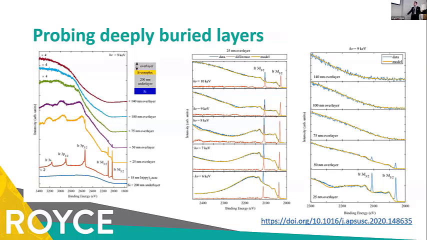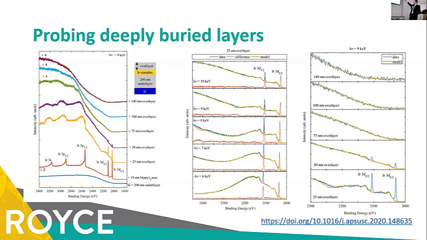So you can see on the left-hand side, we've got a reference material, which is the iridium sample. And again, we're looking at the deeper core levels here, so higher than you'd normally measure with normal XPS. And then we start to bury it under different overlay thicknesses, and the signal drops off, but you can see that the background remains. And then we can use the inelastic background modeling to model that.